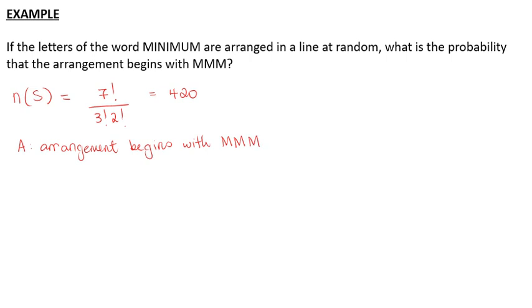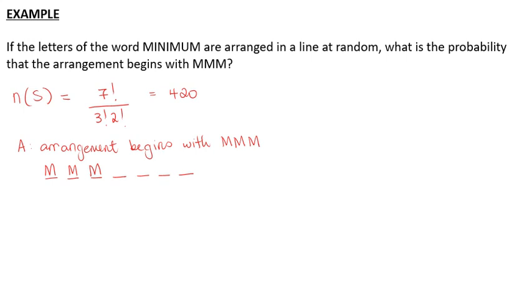So again, remember, you can treat this like filling in slots or blank spaces. So we have 7 spaces to fill. We want our arrangement to begin with MMM. There's only one way of doing that, placing the MMM right there. Well, rather, you place what it is that you want and then you work out the rest.